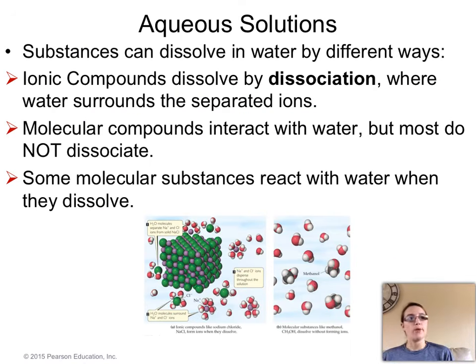As we talk about aqueous solutions, it's important to know that substances can dissolve in water in a couple different ways. First, we can have an ionic compound. An ionic compound dissolves by the process known as dissociation, where water surrounds or solvates the separated ions.